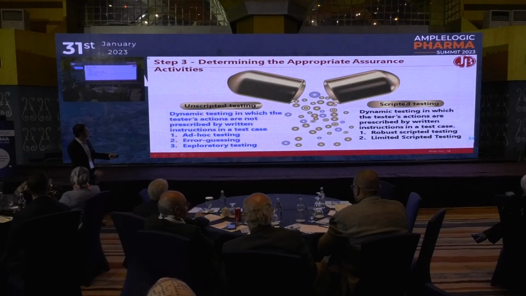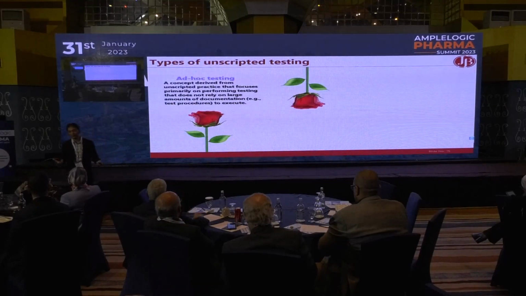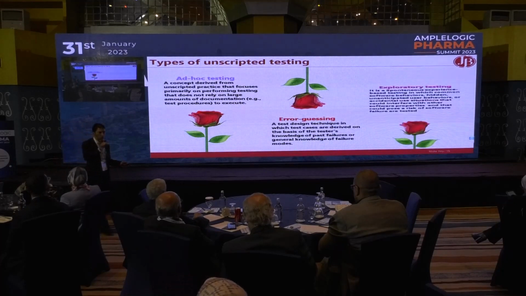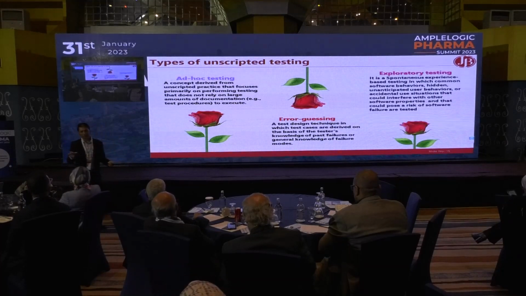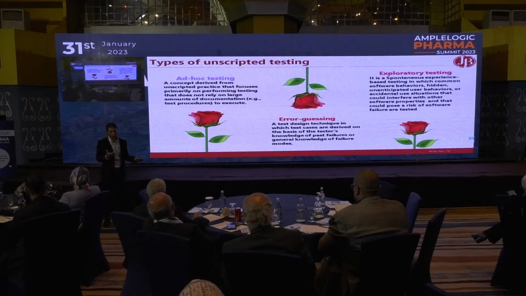Okay, then determining the appropriate assurance. Once you have that risk assessment done and where the software goes, then it's quite easy, because the first 2 steps are quite difficult to interpret and evaluate. Once we understand where it goes and what the risk is, then you can eventually design the mitigation plan.